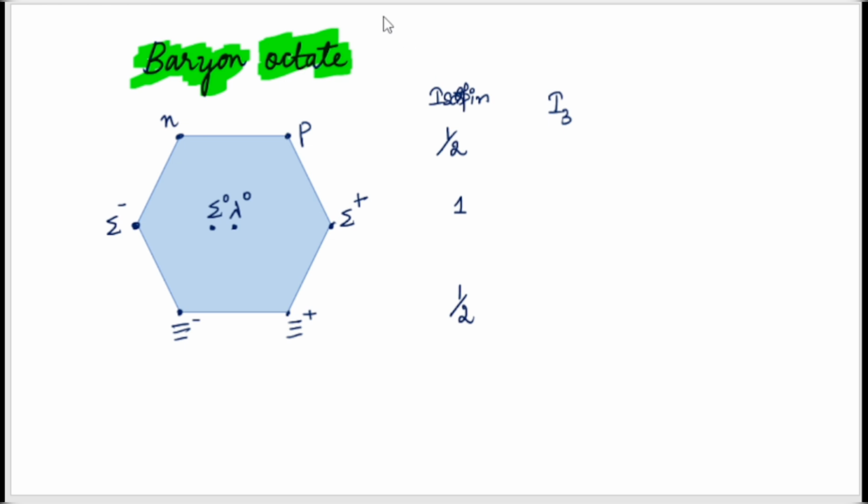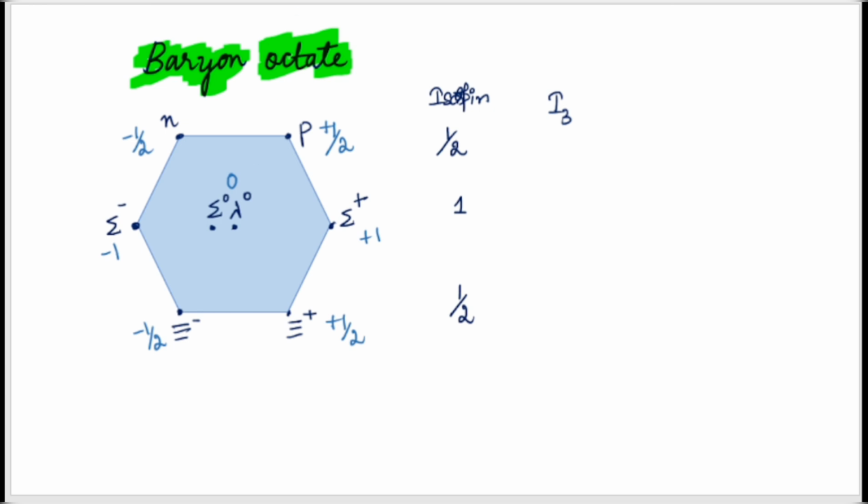It will be minus half for the neutron, and for the proton it is plus half. For sigma negative it is minus 1, here it will be plus 1, and here we have cascade negative minus half and cascade positive plus half. You got it right. And for lambda 0 and sigma 0, the third component of the isospin is 0.